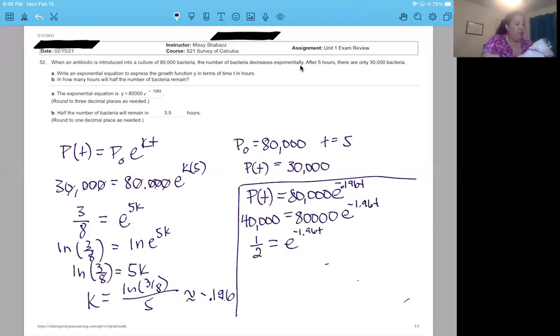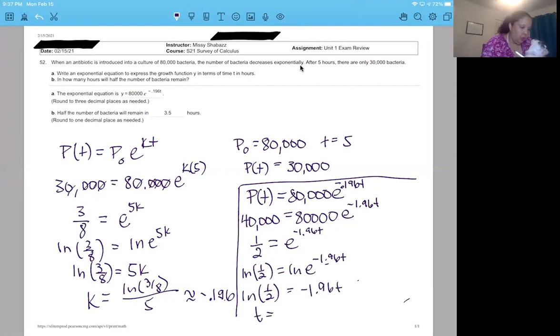And we are solving for t. So I need to bring the exponent down. So I'm going to take the natural log of both sides. And since I have the natural log of e, I just get what's in the exponent, which is a negative 1.96 t.